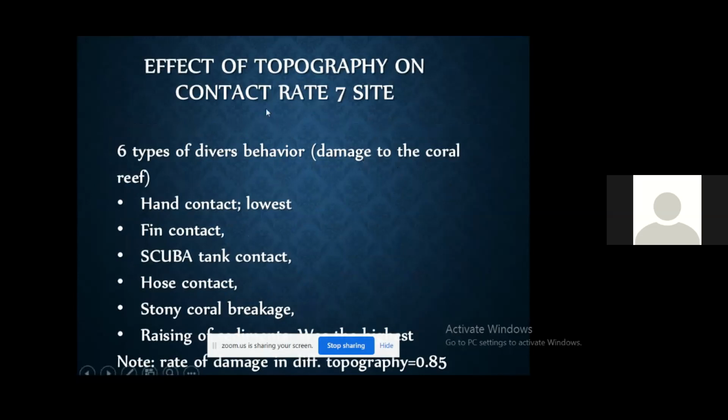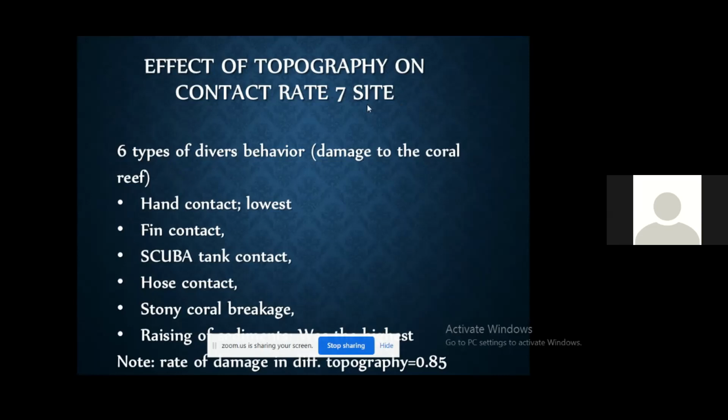In order to determine whether this assumption is true, 6 types of diver behavior were examined at 7 coral reef sites with similar reef topography.